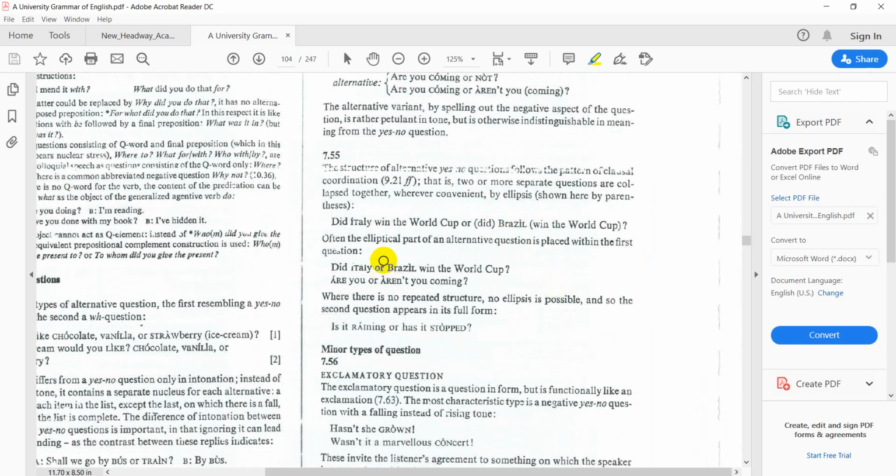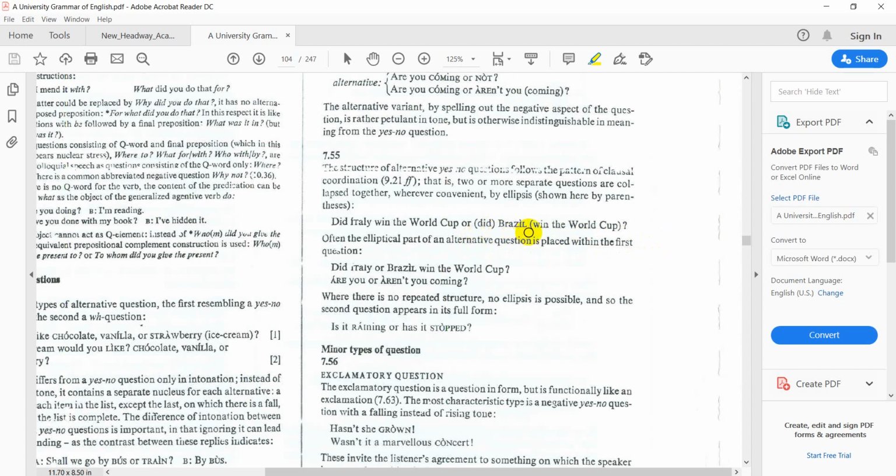Let's have a look at this example. Did Italy win the World Cup, or did Brazil win the World Cup? As you see, did is repeated, and the World Cup is repeated also. So instead of repeating them, it is preferable to delete them. But of course, it is not a matter of deleting these words just like that. There is a certain rule.